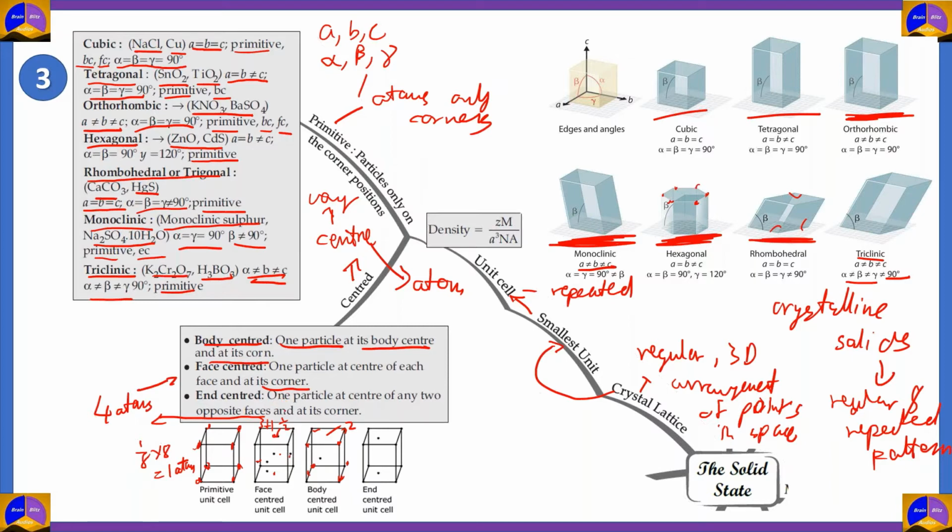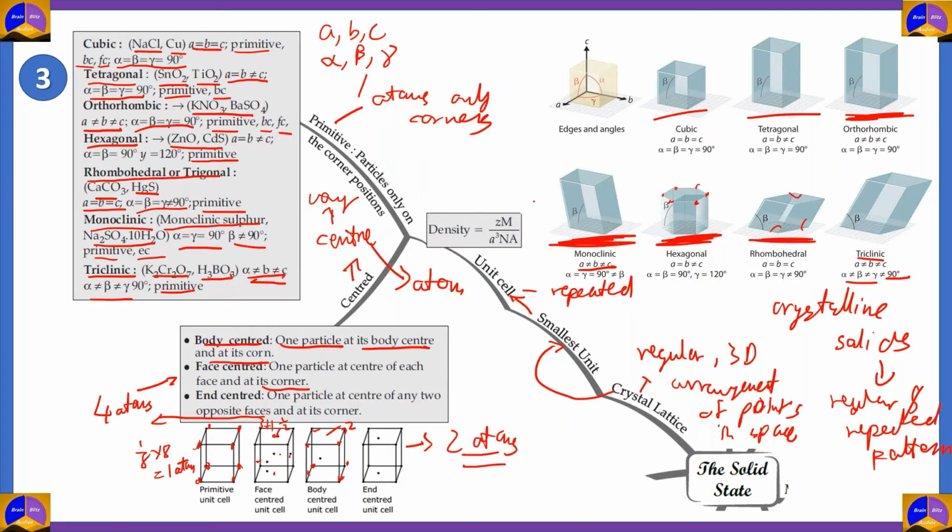End-centered unit cells contain 1 particle at the center of any 2 opposite faces and at its corner. This has 2 atoms because 2 of these times 1/2 gives 1 atom plus 1/8 times 8 gives 1 atom. So 2 atoms are present in an end-centered unit cell.